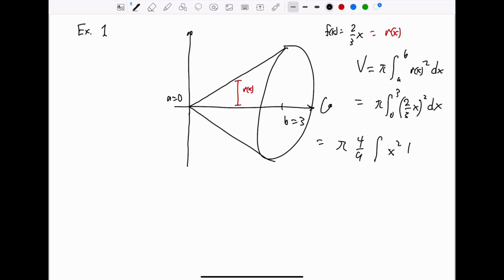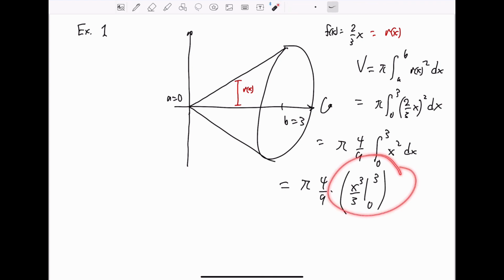That's all that's left. Integrate from 0 to 3, and I have pi times 4/9 times, now I take the antiderivative of x squared, x cubed divided by 3. From 0 to 3, we're using the fundamental theorem of calculus now to evaluate this definite integral. We first plug in a 3 and then we plug in a 0.